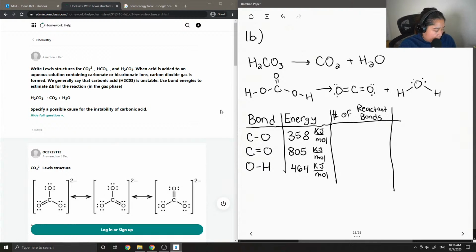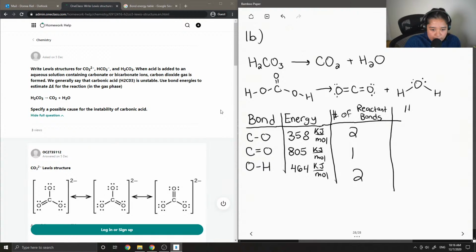If we count it out, we'll see that there are 2. How many double bonded carbon-oxygen bonds in the reactants? There's only 1 in carbonic acid. And lastly, how many oxygen-hydrogen bonds are there? There are 2 as well.